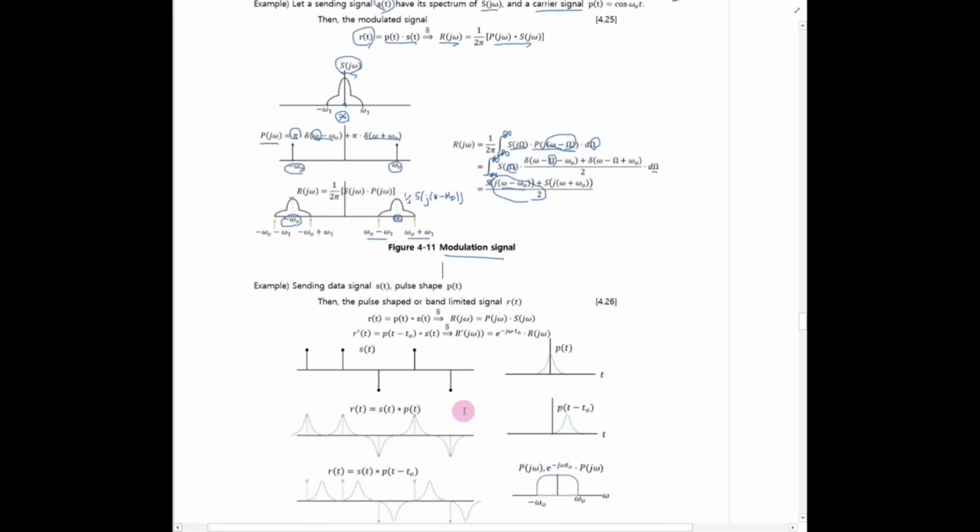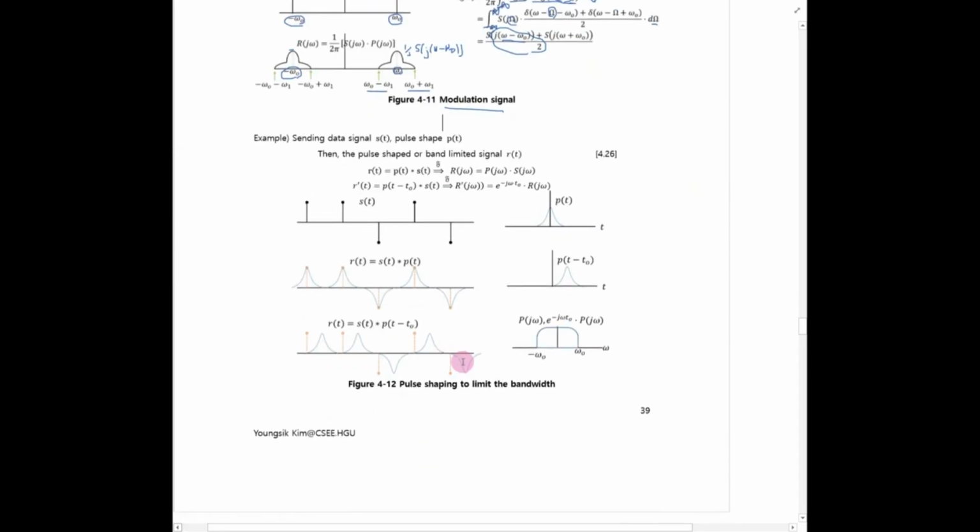What about the second one, pulse shaping? When we design a filter, we are using this technique. The data signal is s(t), the pulse shape filter is p(t), and the output is expressed by the convolution of the data with the pulse shape. By taking the convolution, what's going to happen? Take the Fourier transform to make it easier. In the frequency domain, it's just a product of these two signals.